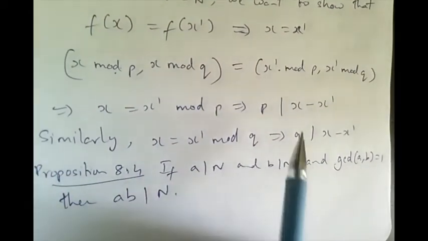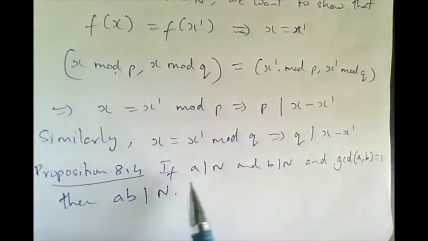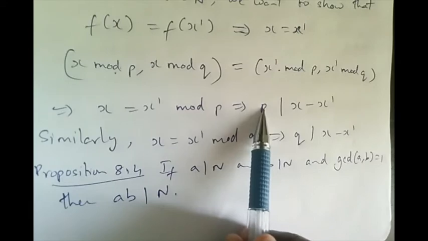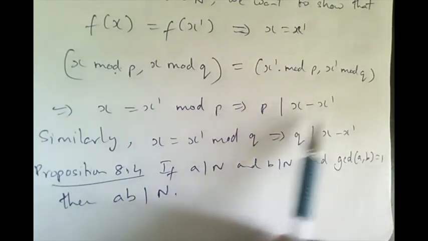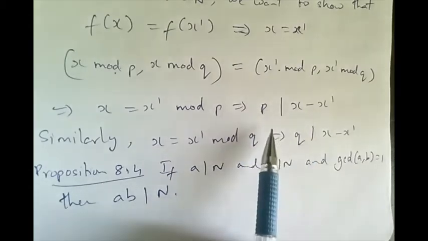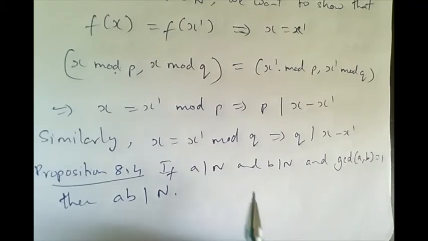And we'll use this proposition because p and q have a GCD of 1. Instead of capital N we have x minus x prime. So p divides x minus x prime, q divides x minus x prime, and the GCD of p and q is 1. So p times q divides x minus x prime.